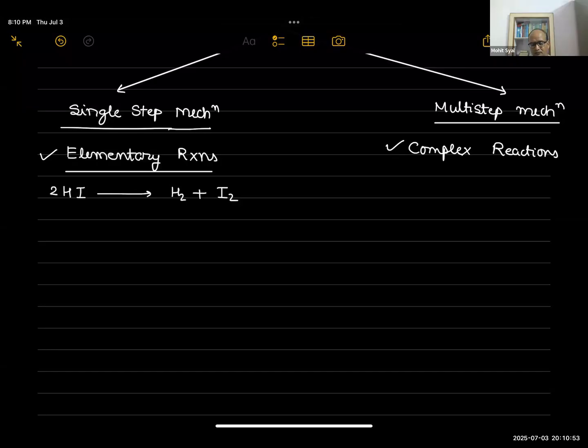And a complex reaction doesn't take place in just one step. Suppose some bonds may be broken, and you are left with some new kind of species. Those are known as intermediates.